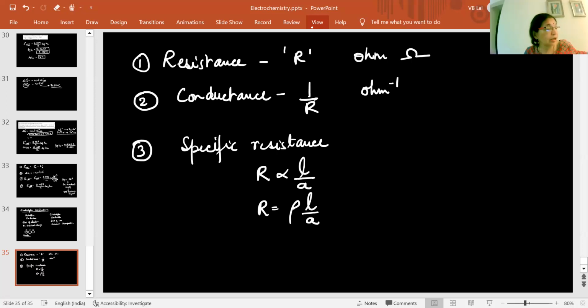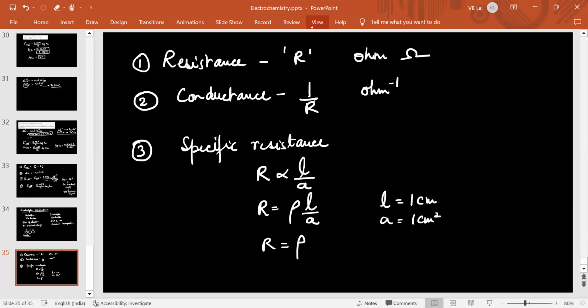Rho is the specific resistance. So how do I define specific resistance? If L is equal to 1 centimeter and A is equal to 1 centimeter square, then R is equal to rho. So specific resistance is the resistance of the wire which is 1 centimeter long and which has area of cross section 1 centimeter square.